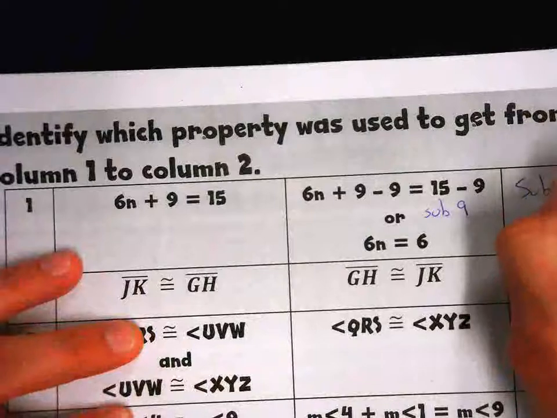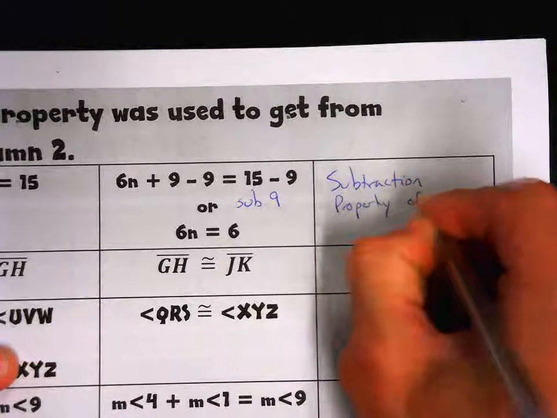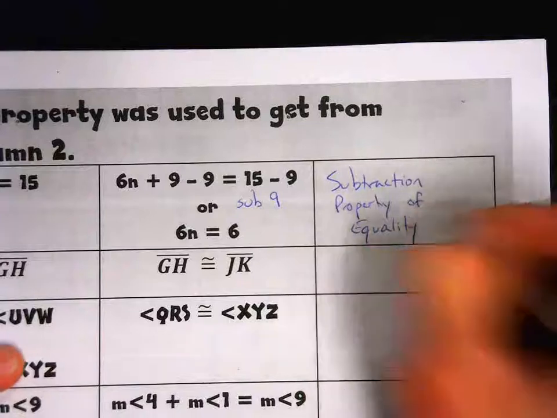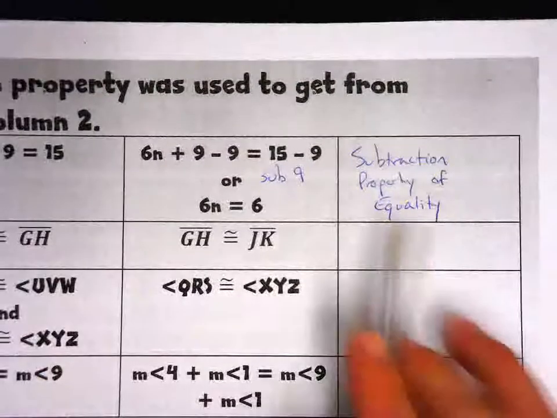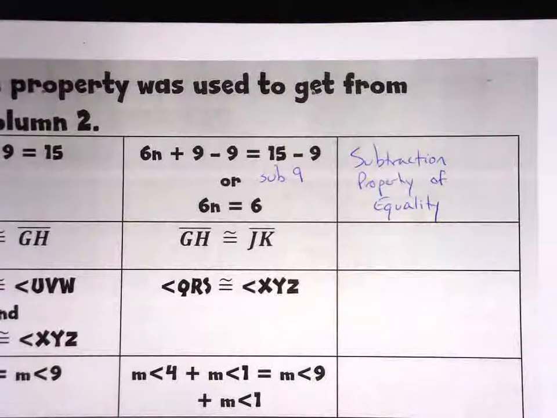Okay, the subtraction property of equality. And yes, you need to call it the subtraction property, and you need to call it of equality. Okay, so you'll see why. If you haven't looked at the notes, there's going to be a difference between equality and congruence.